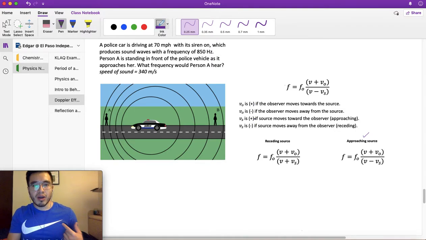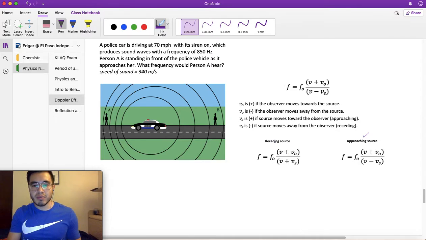But for our exercises, everything that we do with Doppler effect, the observer is not moving. So we don't have to worry about these two, only V sub S, which is the source. And I already have the equations for you.